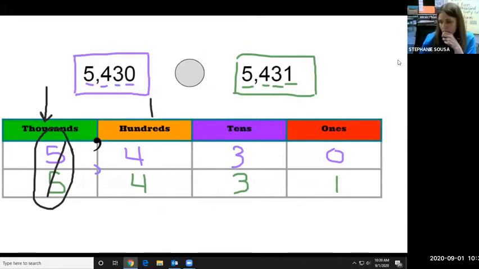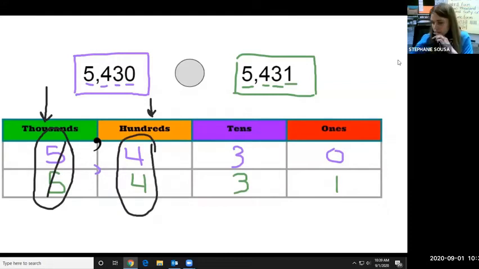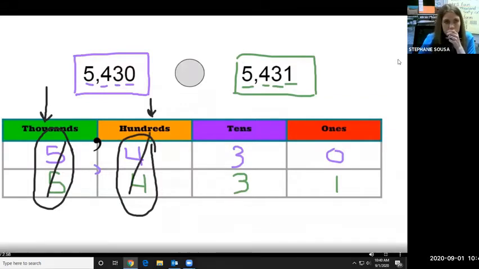So we're going to go to our next largest place value position, which is the hundreds. Again, both numbers are the same. We have 4 and 4. So both numbers have 4 hundreds. Doesn't help us decide which one is larger.